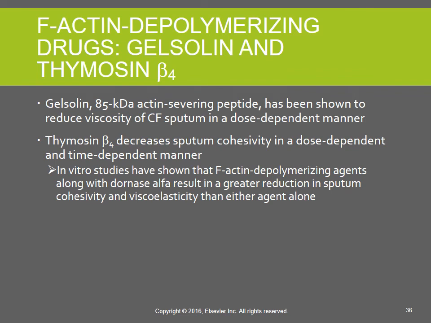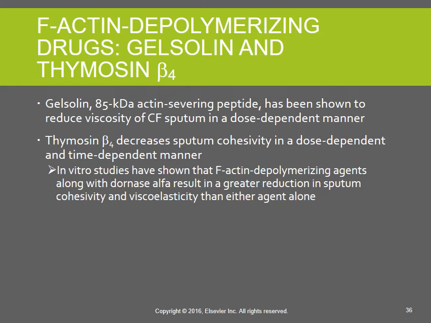Let's talk about gelsolin and thymosin. These are F-actin depolymerizing drugs. Gelsolin, 8.5 kDa, is an actin-severing peptide. It has been shown to reduce the viscosity of CF sputum in a dose-dependent manner.